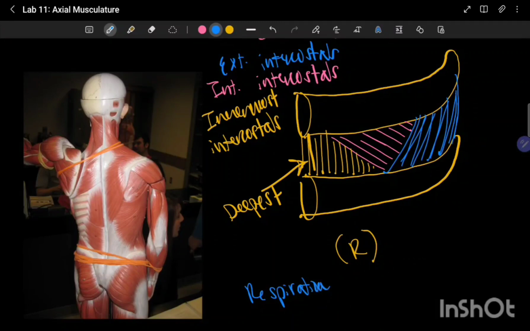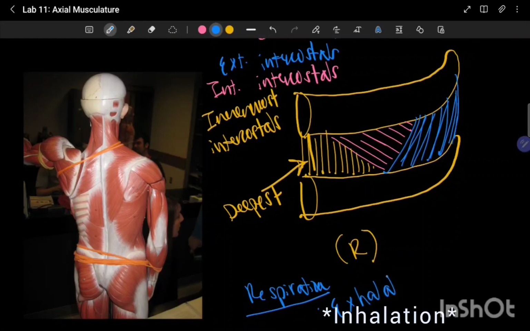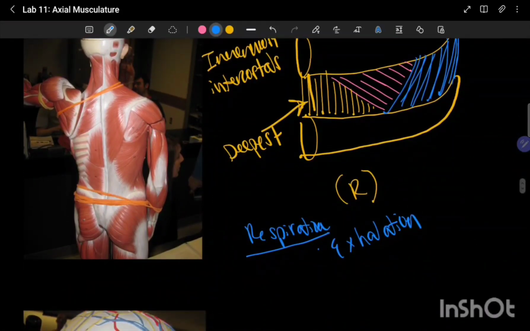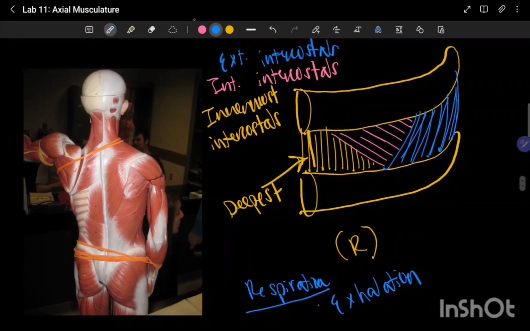So our external intercostals are going to help with exhalation when we release a breath, either forcefully or naturally. Internal intercostals, they're going to help depress the ribs. So when they contract, they're going to run in this direction, depressing the top rib towards the lower one, which is opposite of what the external intercostals are going to do.